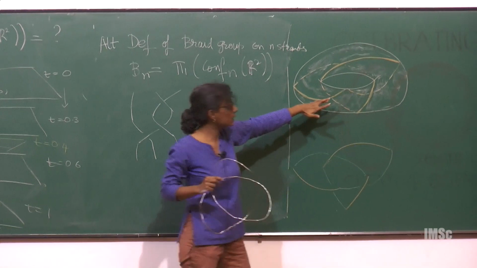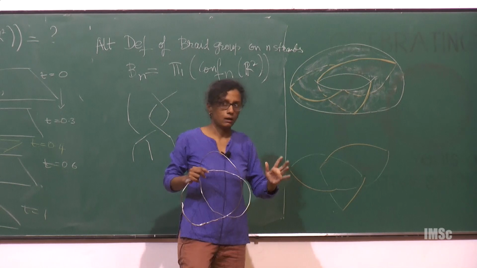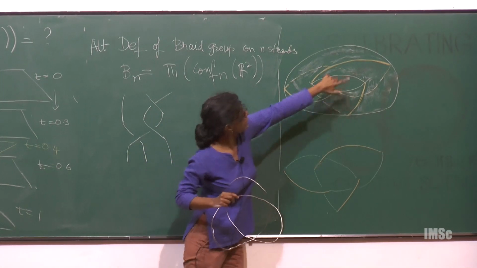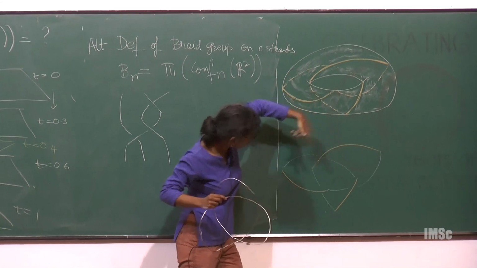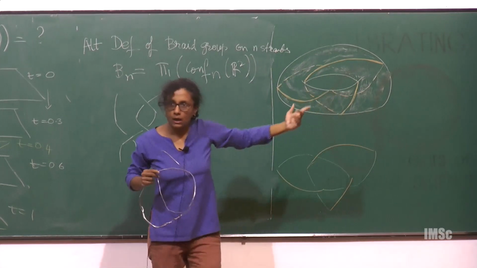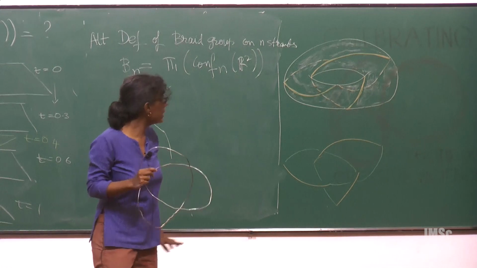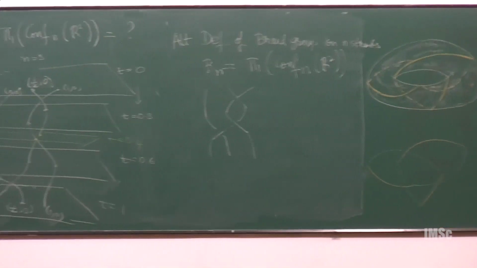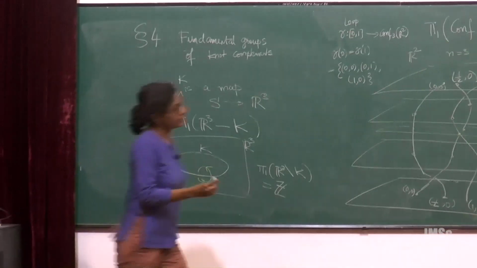The dotted lines and the solid lines are not intersecting because one is in the back and one is in the front. This thing goes around twice and goes around in this direction thrice. And that's the trefoil.